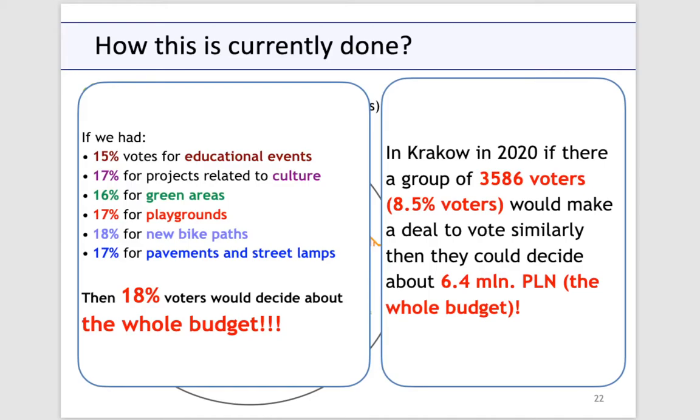If such a small number of voters can decide about such a large amount of money, then it becomes profitable for the project owners to put pressure on such voters, and the voters now can also have an incentive to make deals with each other with respect to how to vote.